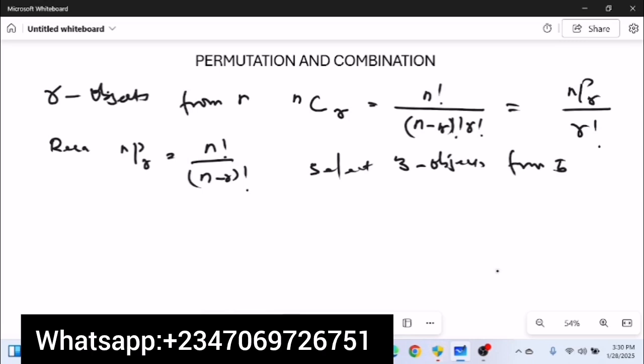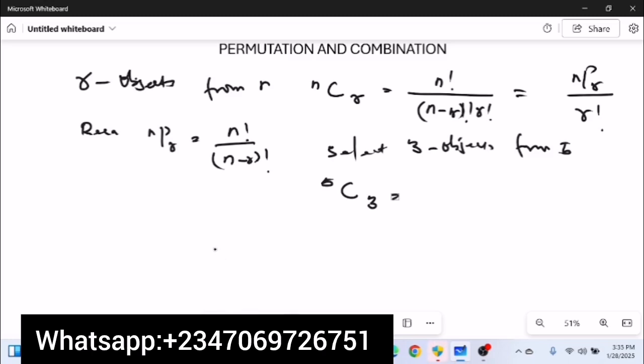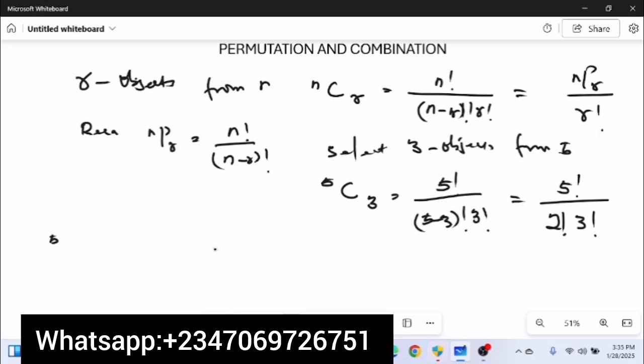So we have 5 combination 3, which is equal to 5 factorial all over 5 minus 3 factorial times 3 factorial. So this is equal to 5 factorial all over 2 factorial times 3 factorial.